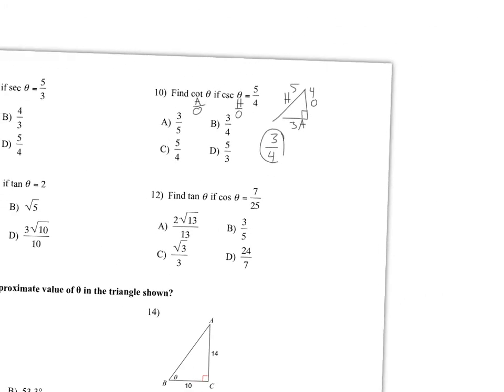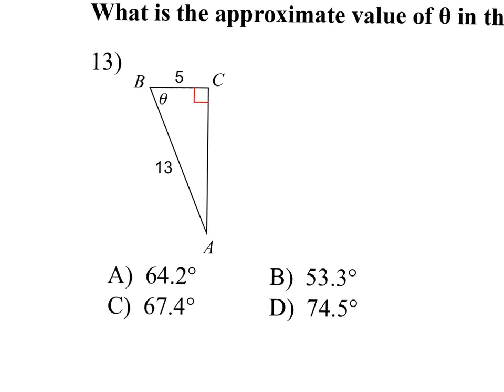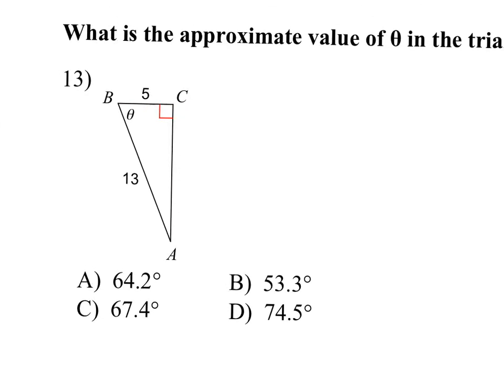Anything else on this page to talk about? Oh, good. We got some angles to look at. So we're trying to find some values for angles. I'm going to base this on angle B, because that's the angle I care about. We know the hypotenuse, we know the adjacent.